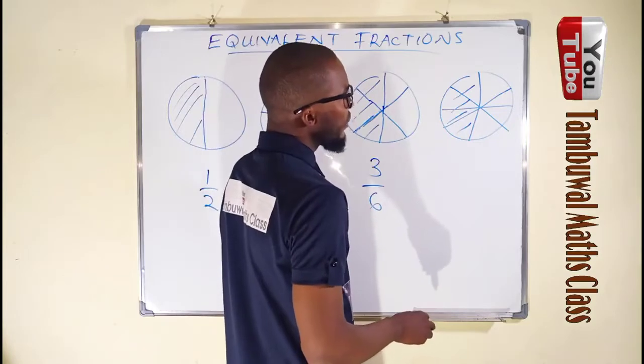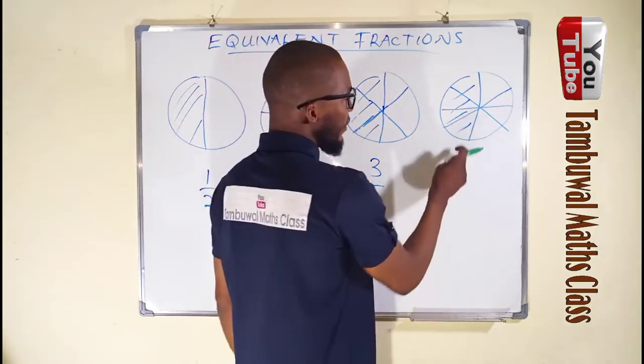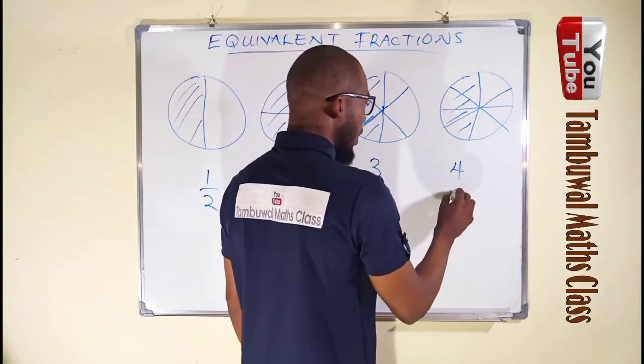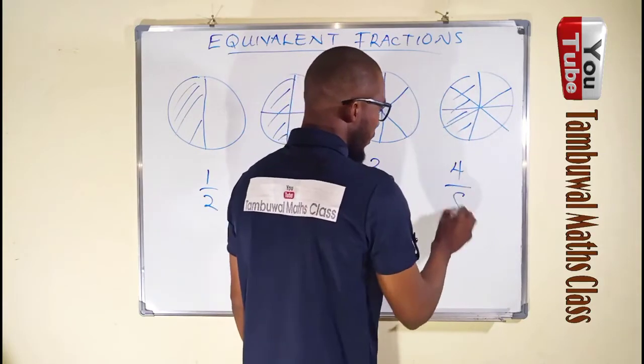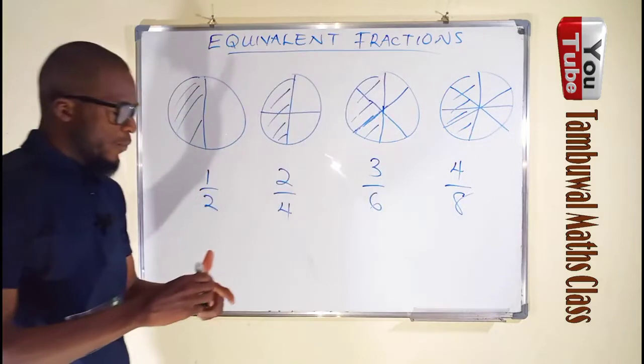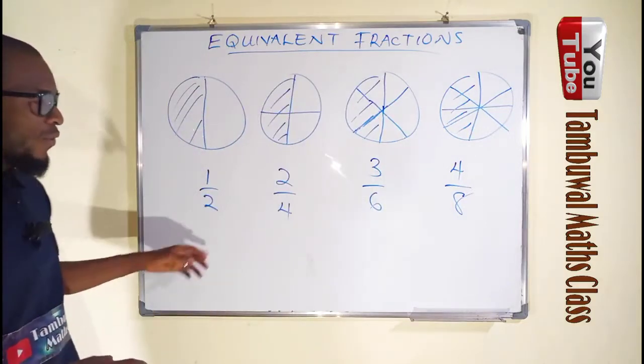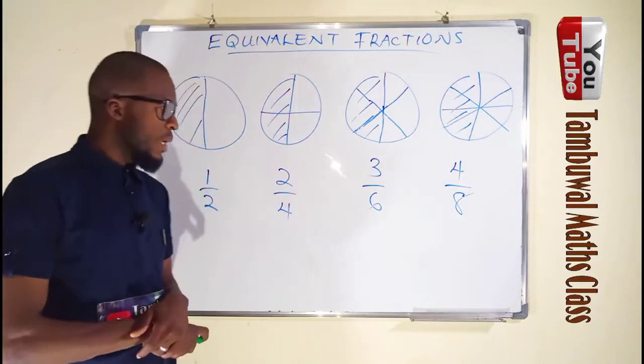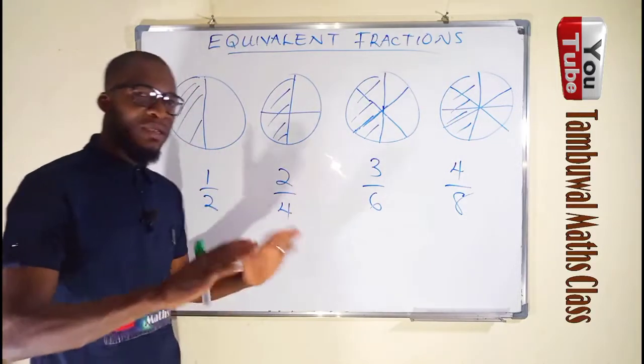Here we have partitioned the circle into 8 parts, but we have 1, 2, 3, 4 as shaded. We have 4 out of 8. But if you look at these fractions, all the 4 fractions are said to be equivalent because they have exactly the same ratio.